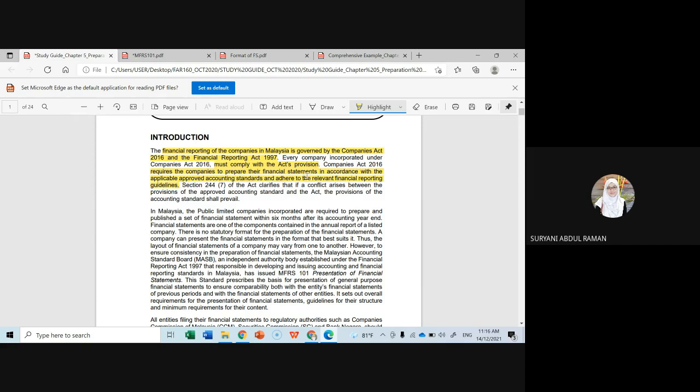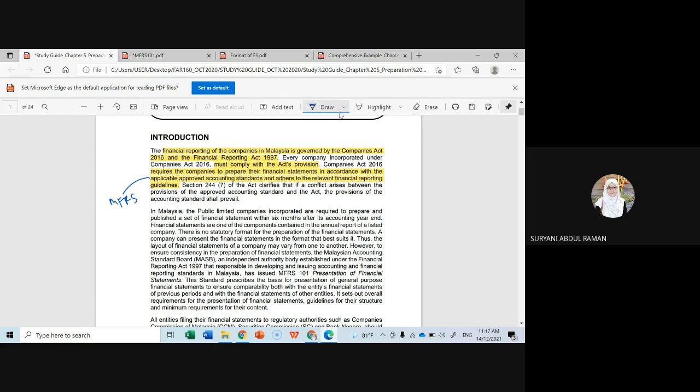The Act already stated that all the companies registered under the Companies Act 2016 must prepare their financial statement in accordance with the applicable approved accounting standard. What is the applicable approved accounting standard here? It is the MFRS, Malaysian Financial Reporting Standard.